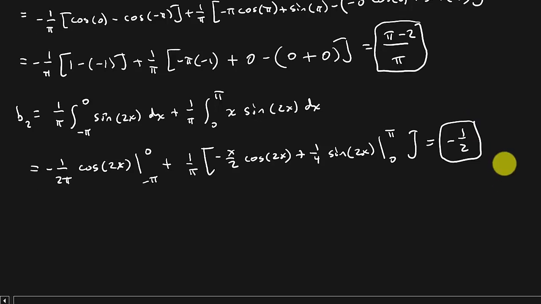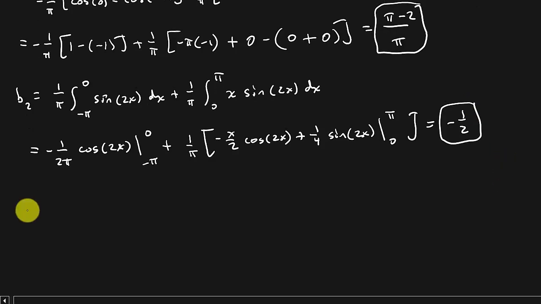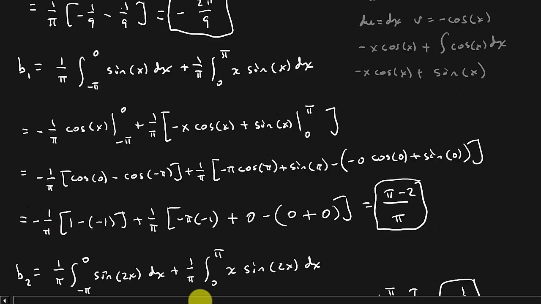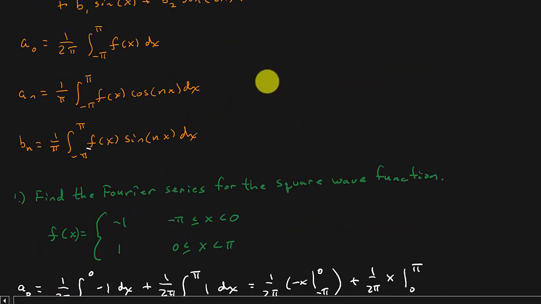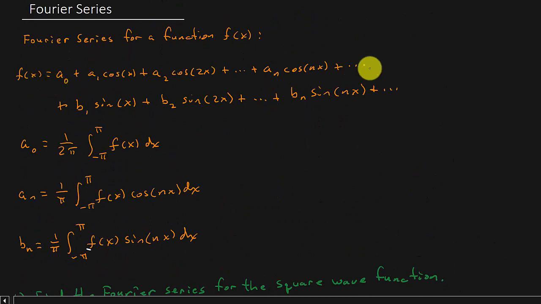Okay. So let's write our function. F of x is equal to a naught. We're using this up here at the very first, this thing right here. We're plugging everything into here: the A naught, the A1, the A2, the A3, B1, B2, B3, so on.